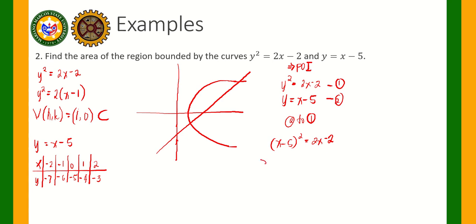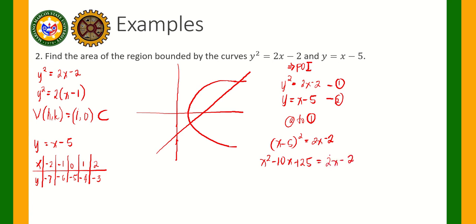And if we expand this one, this is equal to x squared minus 10x, and then plus 25 equal to 2x minus 2.